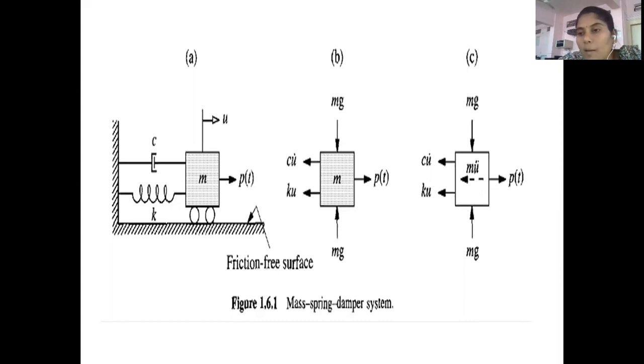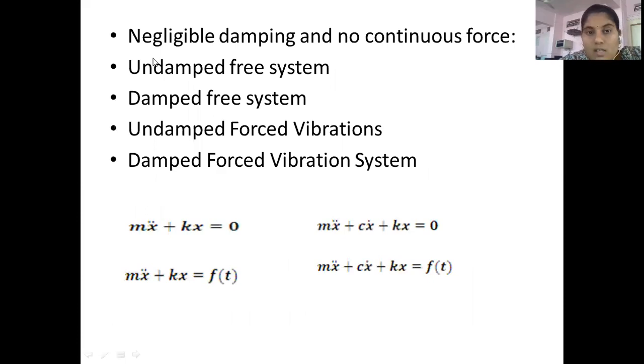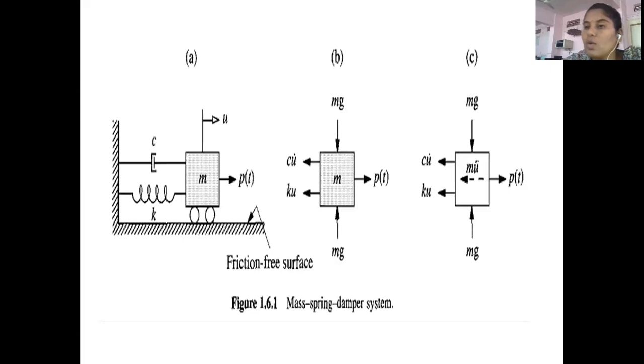And the third one is M, because of this inertia force, the force produced in the system is M u double dot, that is M into A. M म्हणजे काय, तर M is nothing but a mass, and A is an acceleration, mass into acceleration, that is the inertia force. Means there are three forces produced in this system. Okay? Because of this inertia force, this damping force, and this restoring force. Because of M, because of C, and because of K.